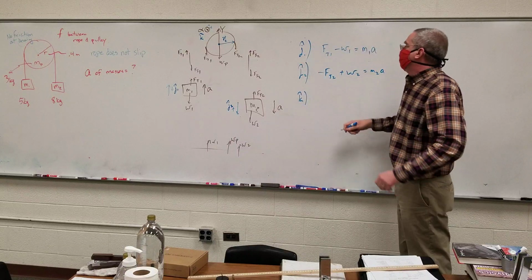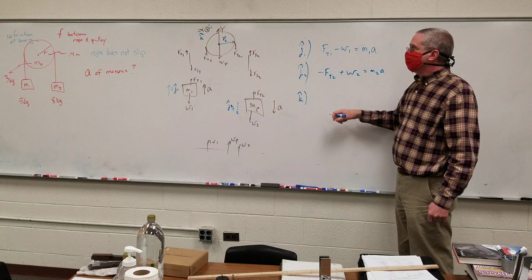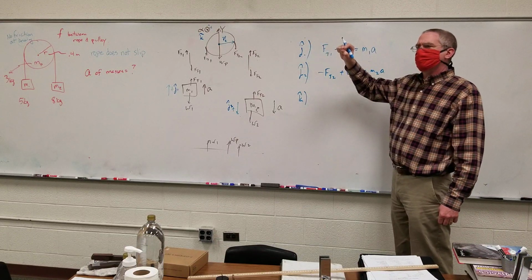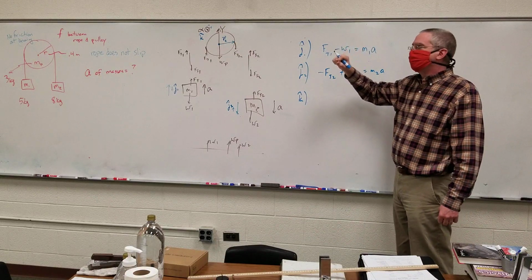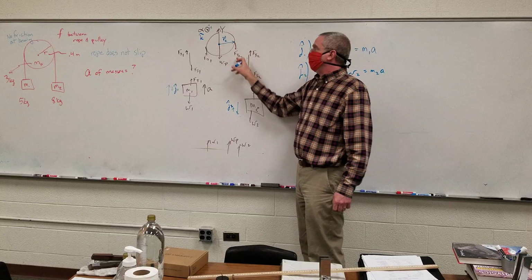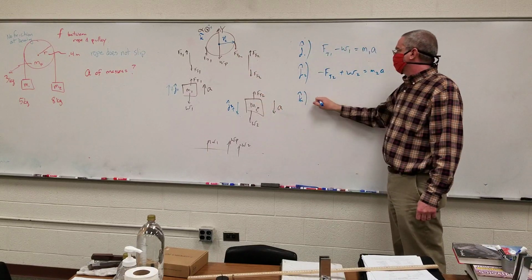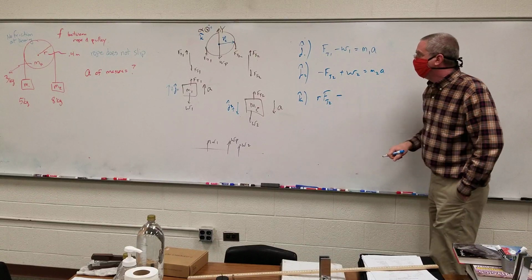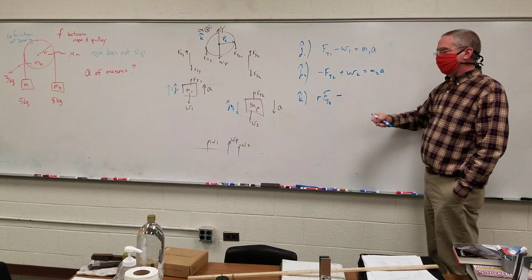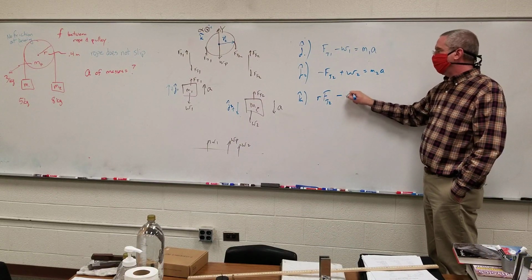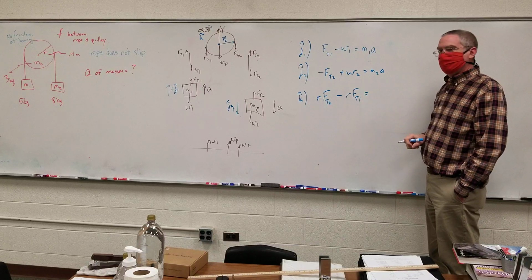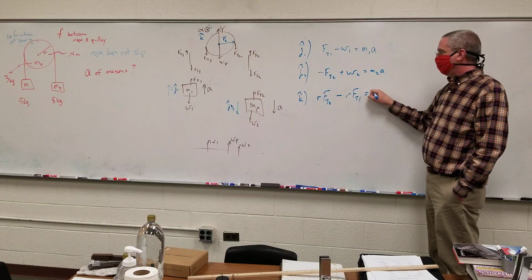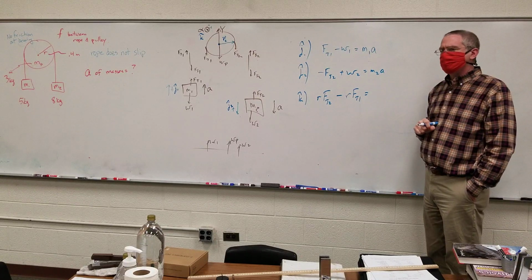So my torque is just the magnitude of R times the magnitude of the tension times sine of 90 degrees, which is 1. I'll write it as R FT2 minus R FT1 equals I alpha.